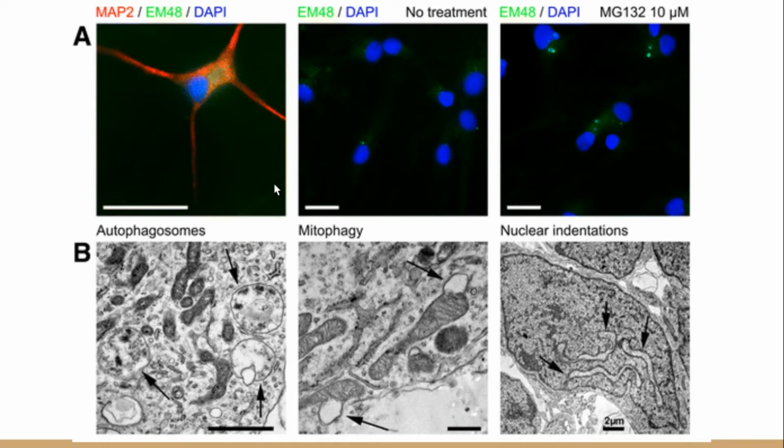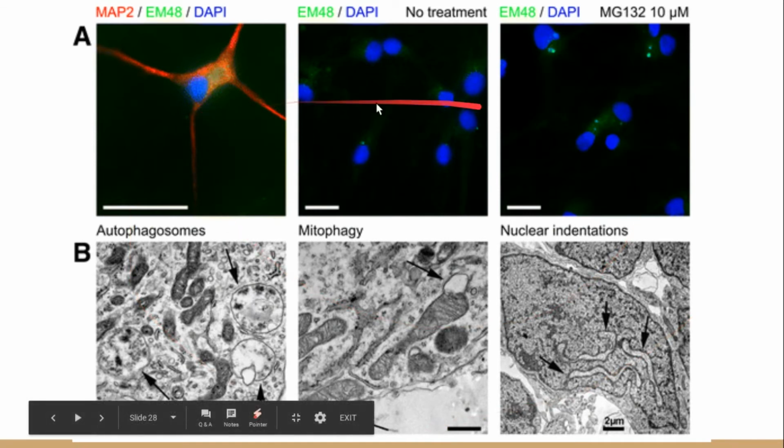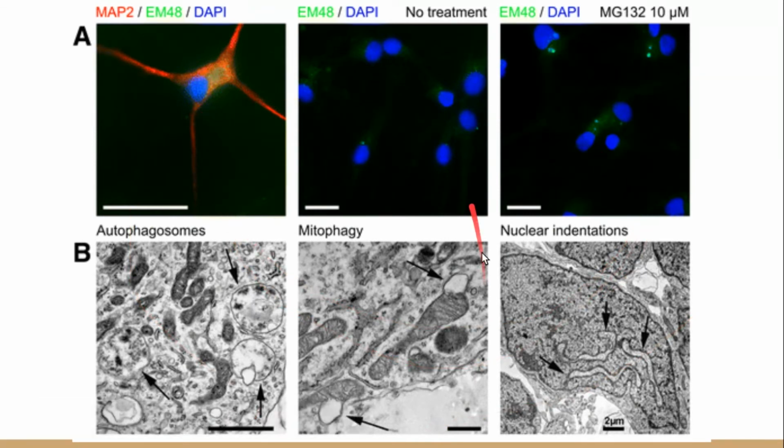But note that these cells are essentially in isolation. They don't have astrocytes with them. They don't have microglia. They are not in the environment of the brain. So a lot of these differences could be not occurring in the brain, but it's a useful experimental paradigm either way. So I'll quote directly from the paper what they found.